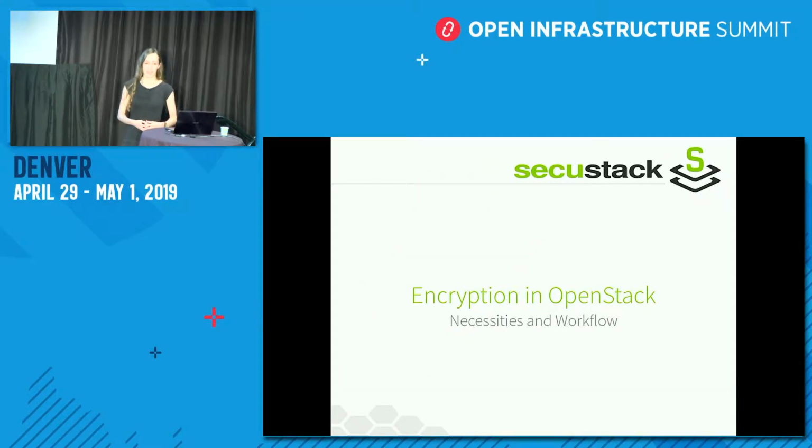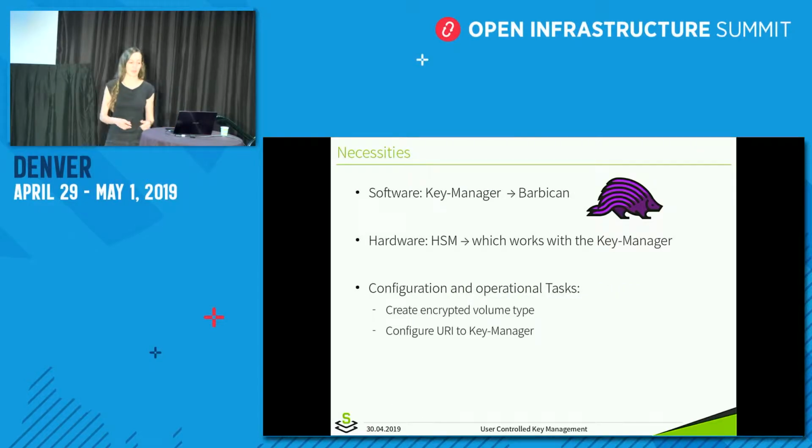But first, let's have a look at how encryption works in OpenStack now. At first, there are some necessities we have to fulfill. We have to have a key manager, for example, Barbican, which actually does the software, generating keys, storing keys, giving out the key handles, and so on.